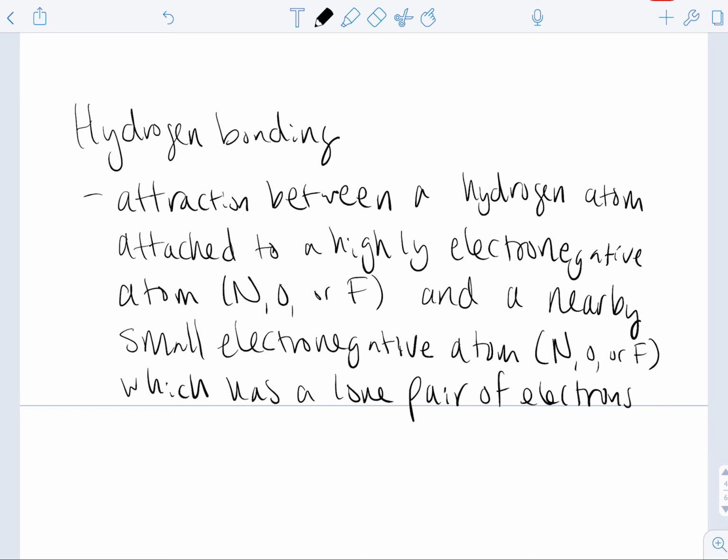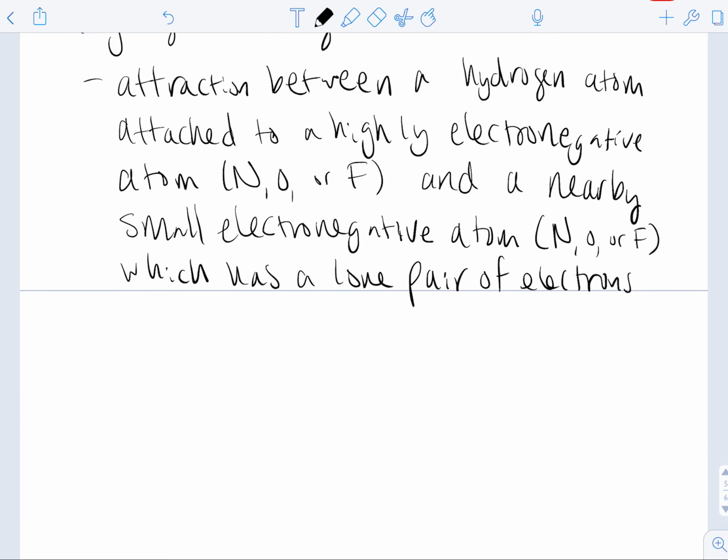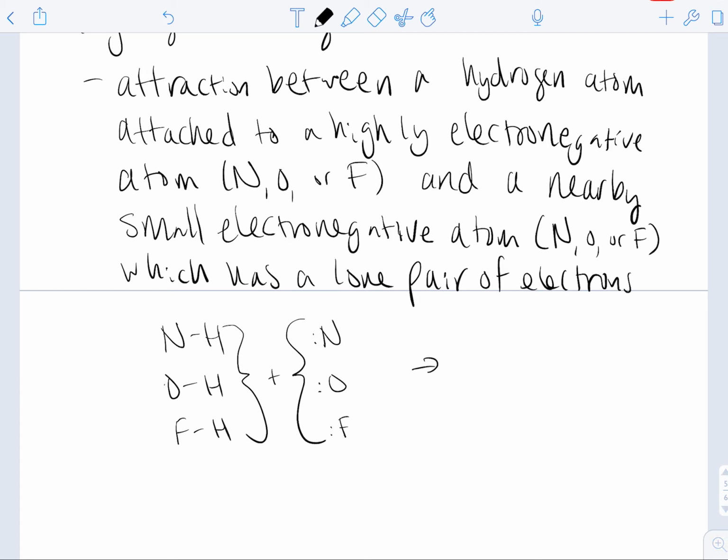Okay, so we need a nitrogen hydrogen, oxygen hydrogen, or fluorine hydrogen bond, and we need a nitrogen with a lone pair, oxygen with a lone pair, or a fluorine with a lone pair. So one of these combinations together will give us a hydrogen bond.